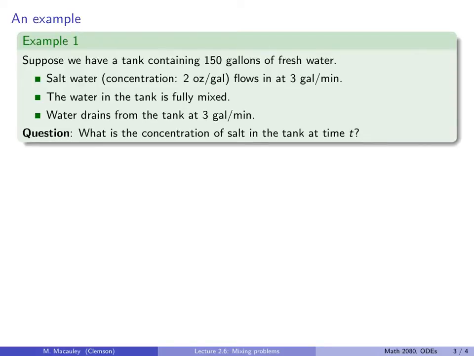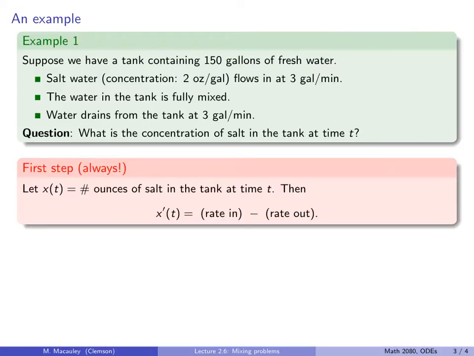Okay, so the first thing to do every single time is let x of t be the amount of salt in the tank at time t, whatever your units are. Then x prime of t, the rate of change of salt, is the rate in minus the rate out. And again, not the rate of the water coming in, but the actual rate of the salt coming in.